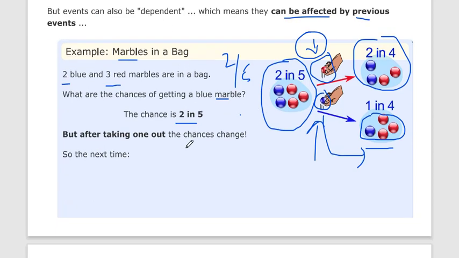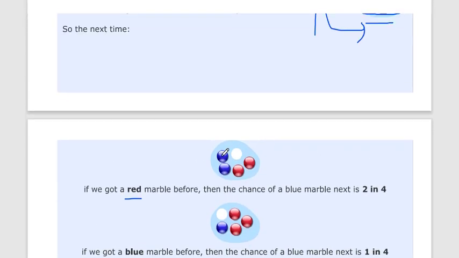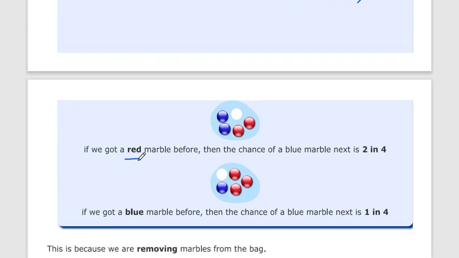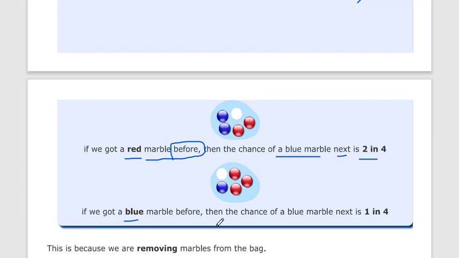If we got a red marble in the first outcome, then the chance of a blue marble next is 2 by 4, and if we got a blue marble before, the chance of a blue marble next is 1 by 4.